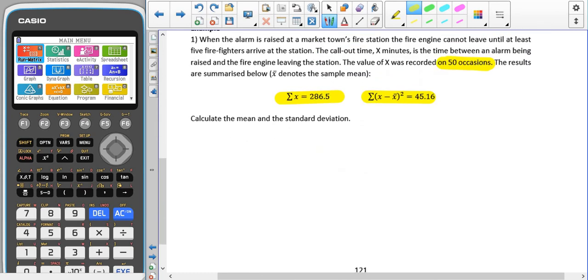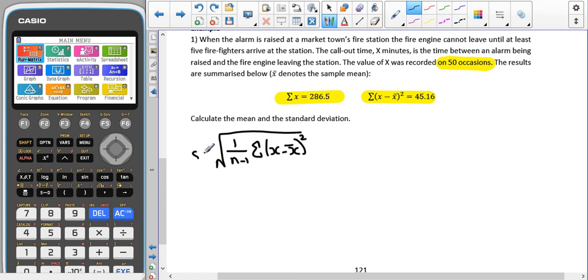So we are using the formula that in the formula booklet says the square root of 1 over n minus 1 times the sum of X minus X bar all squared. So that's the fourth line down.